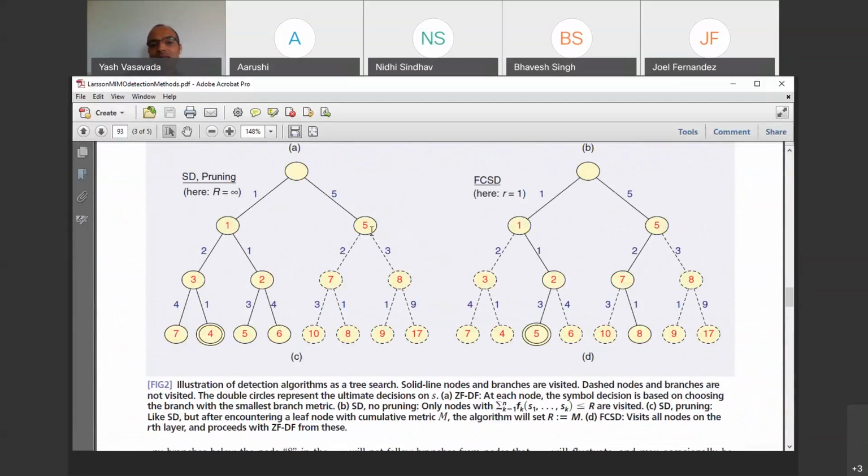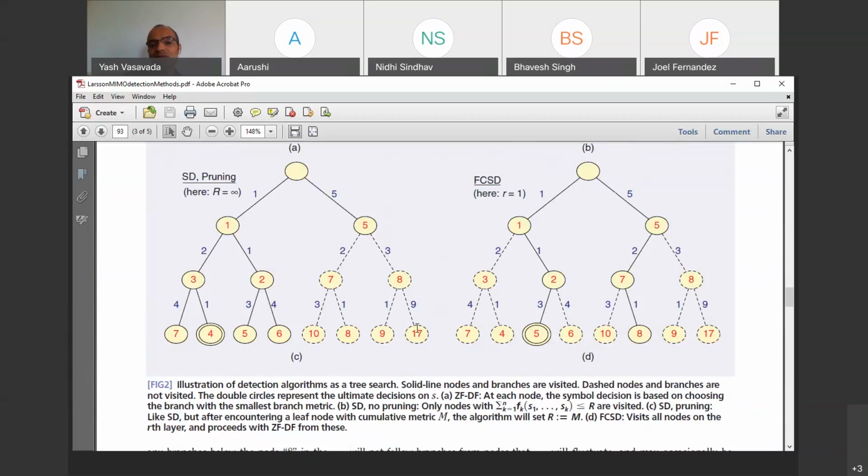For example, in this SD with pruning, instead of this metric lining up like this, if they had lined up exactly in the reverse manner, so first was 17, then 9, 8, 10, then you see that this pruning would not have helped much because 17 is so large, everything is below 17.